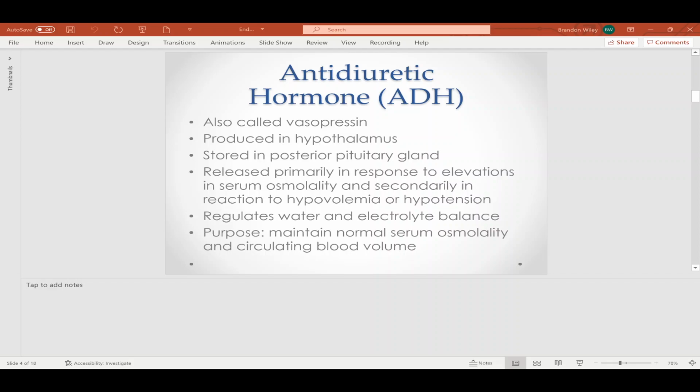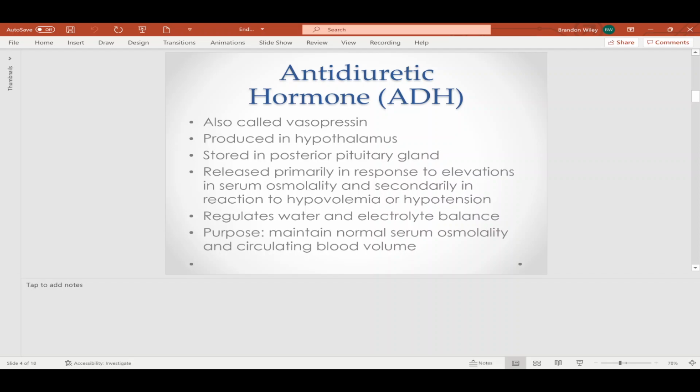The purpose is to maintain normal serum osmolality and circulating blood volume. When you have an issue with your ADH, too little or too much, no matter how perfectly your kidneys are working, they sometimes just can't either excrete or retain water.